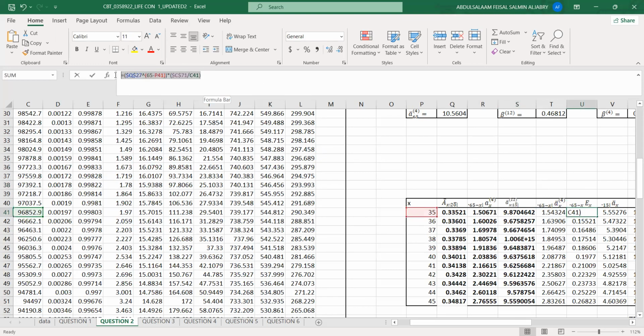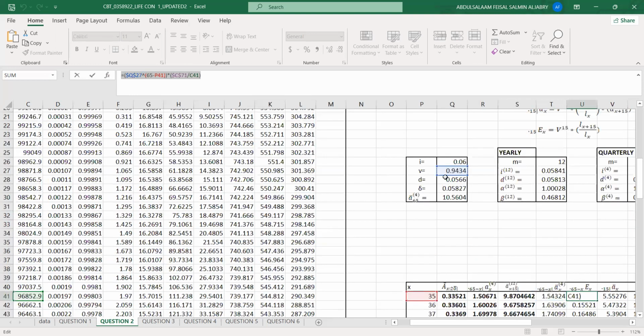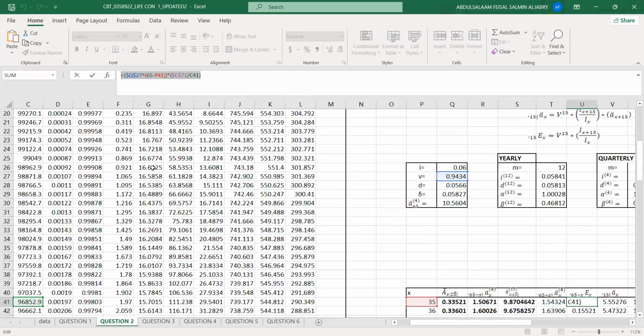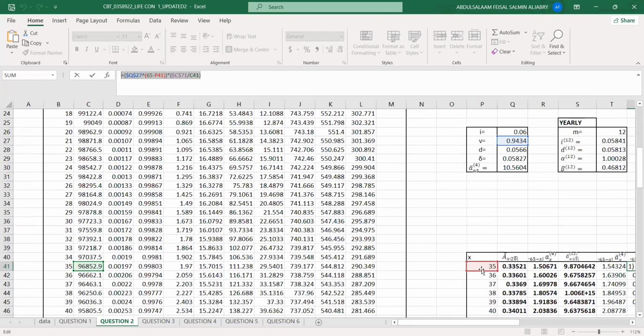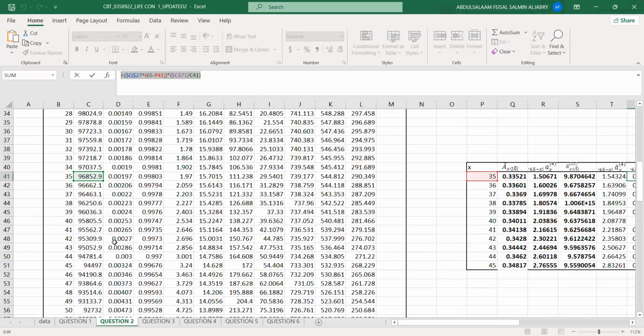The formula, as I showed you before, is Q27, which is the V power 65 minus P41. The P41 is 35 multiplied by C71. C71 is L35, but we have to put in the dollar sign, which is to make this fixed throughout the entire calculation. Divide by C41.